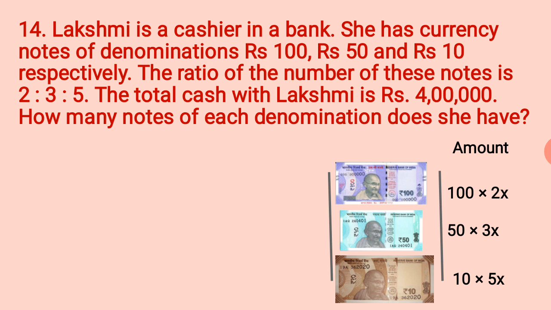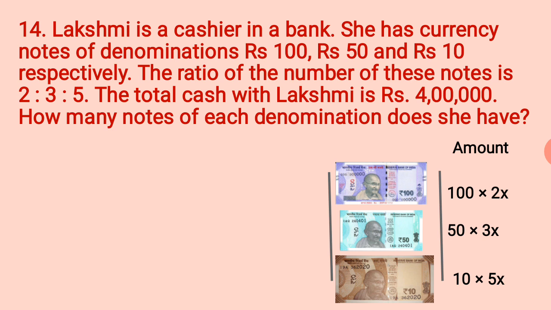Now we have been told that the number of these 3 notes are in the ratio 2:3:5. So it actually means if she has 2 100-rupee notes, then she will have 3 50-rupee notes and 5 10-rupee notes. But it is not possible.